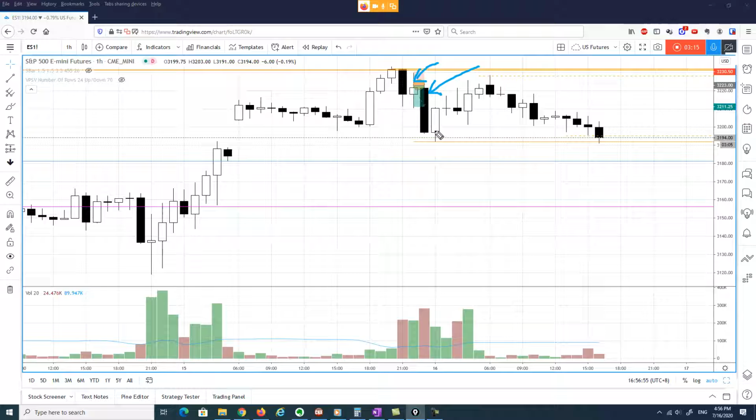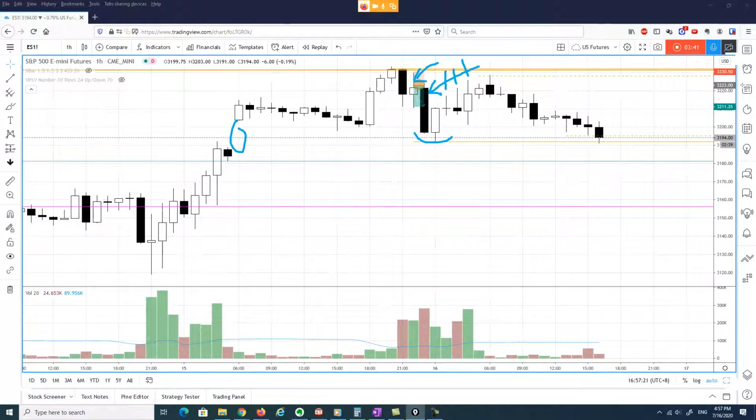And even after we attempt to cover the gap here, we tested the gap and found some support there, and we had a rally up. But every time you see this H1 bar, we can see that there is some kind of rejection tail here. So quite a number of sellers throughout the session.